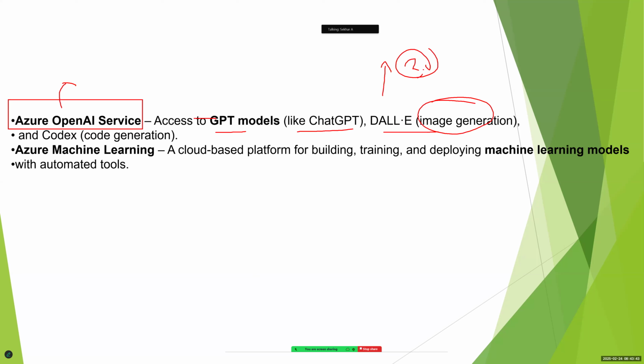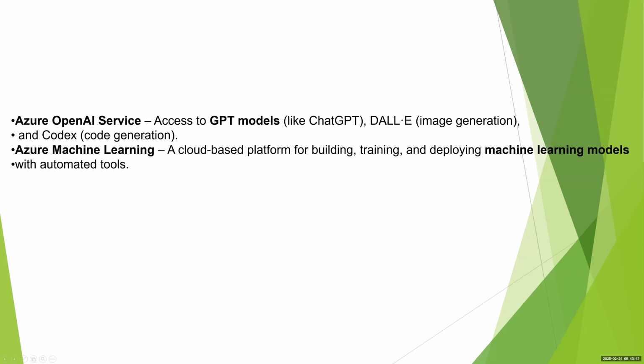You can generate pictures directly based on your inputs. And Codex is code generation. When you go for Azure OpenAI services, what sort of code does it generate? Any programming language, yes.